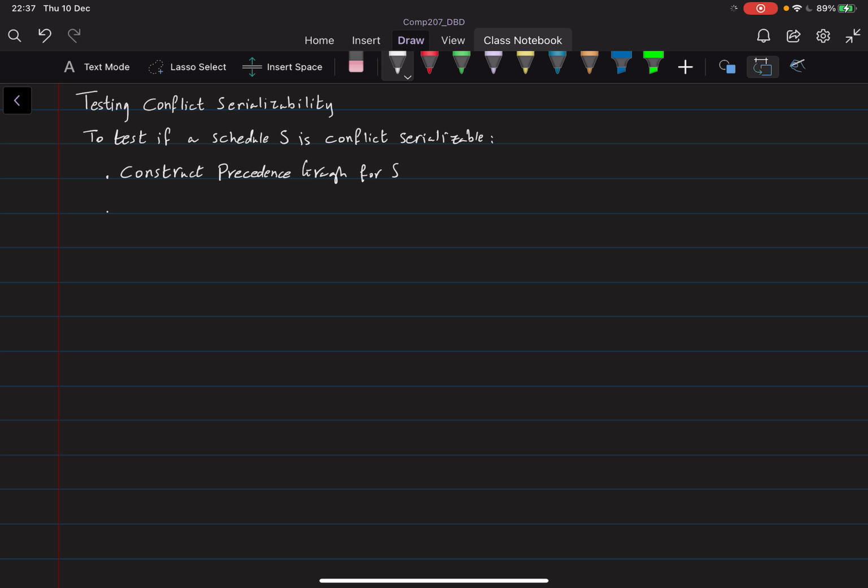Now we need to do a little bit more. If the precedence graph has no cycle, which means it doesn't actually go around itself, then S is conflict serializable.